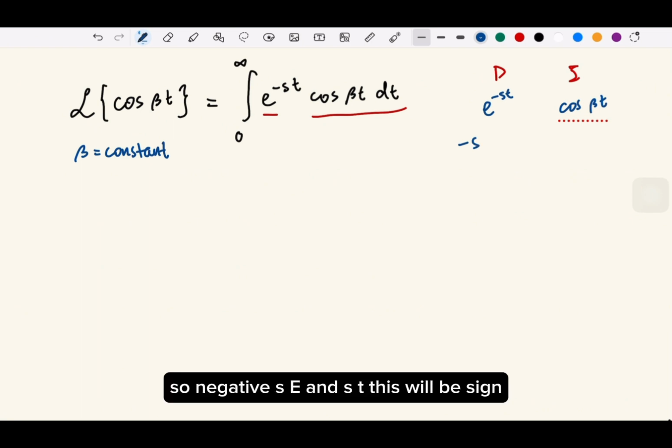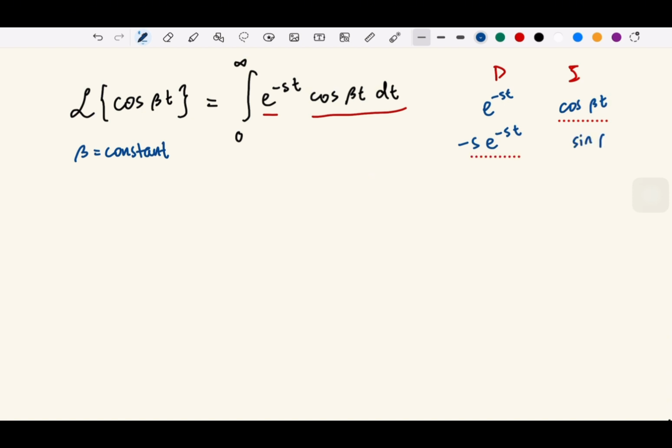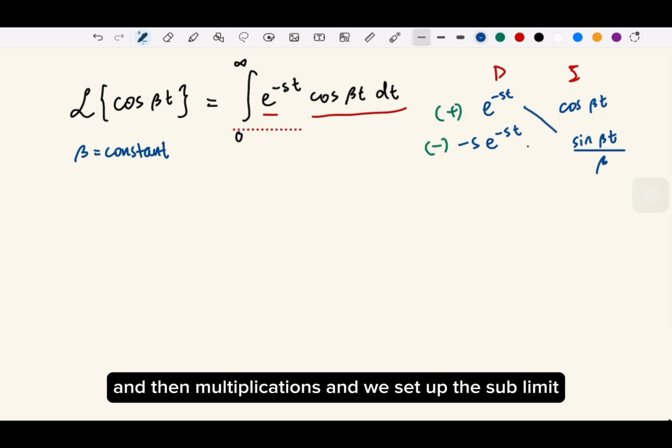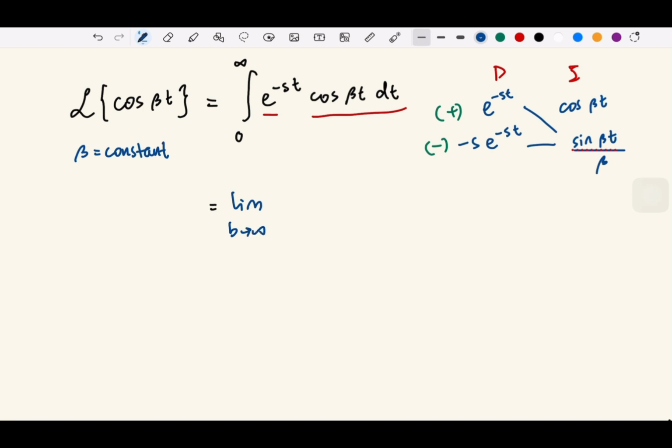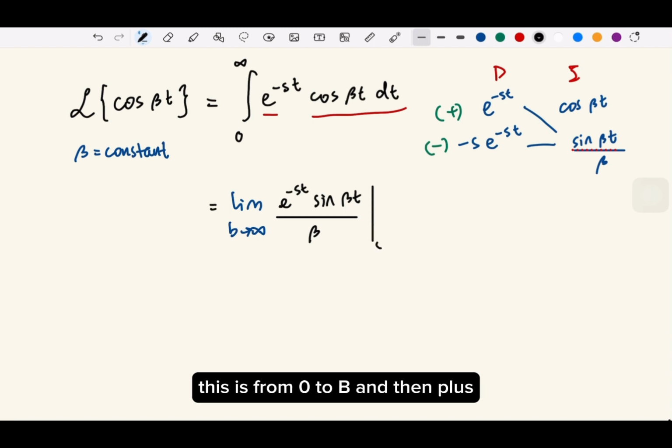So negative s, e to the negative st. This will be sine beta t over beta, plus, and then multiplications, and we set up the limit, from 0 to b.